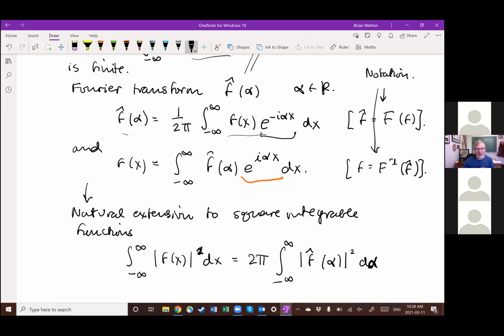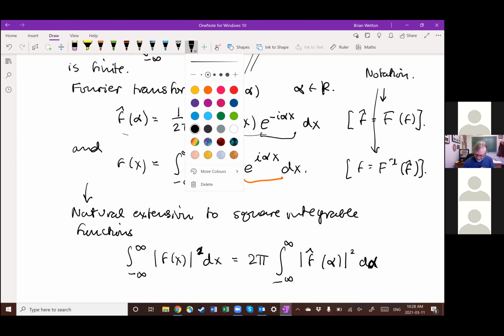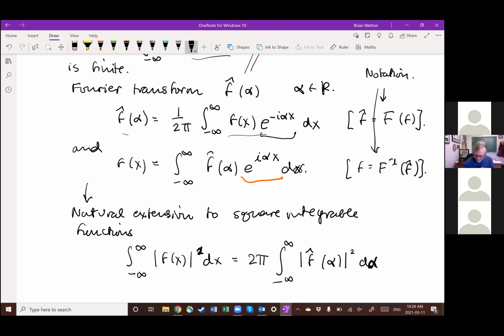So it might be omega instead of alpha. Oh, here's another d alpha. Thank you. You may have seen omega instead of alpha. You may have seen this as plus, this up here as plus, and this down here as minus. You may have seen this factor of 2 pi over here instead of there.